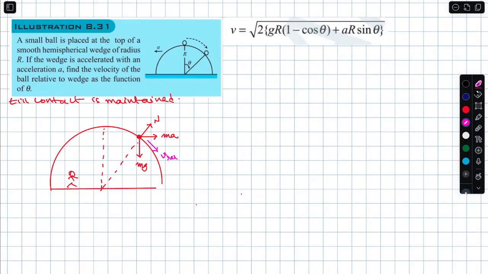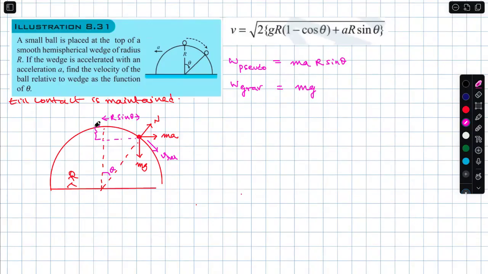So I told you just now I can apply the work energy theorem. What is the work done by the pseudo force? This is nothing but, if the angle is theta, this part is R sin theta. Got the point? Work done by the gravitational force is mg downward, and what is the displacement here?